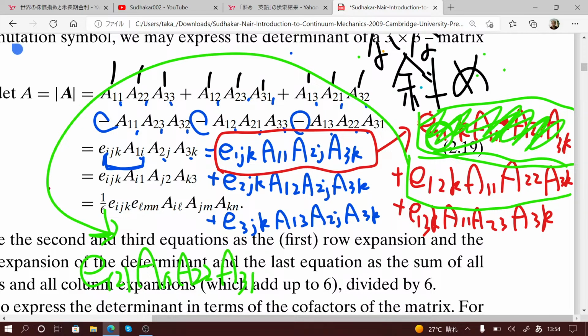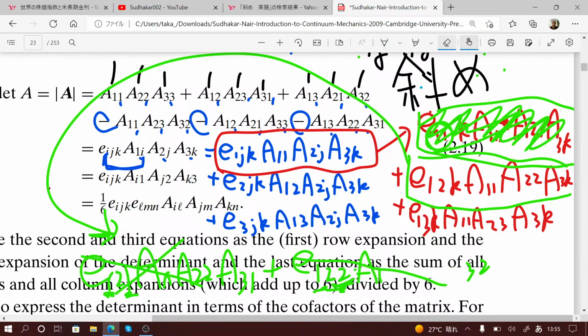This is 0 because you have 1, 1 repeated. The second term is epsilon_{122}, then this is also 0: A_{11} A_{22} A_{32}. This is 0 because two indices, 2, 2, are repeated.